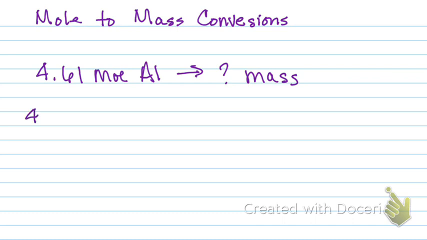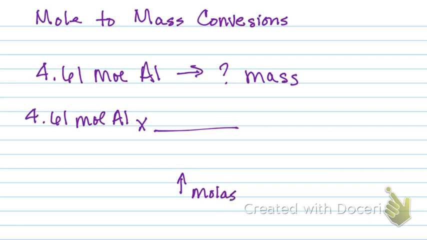So I'm going to start with what I'm given in the problem, 4.61 moles of aluminum. And in here, I'm going to put the molar mass of aluminum.